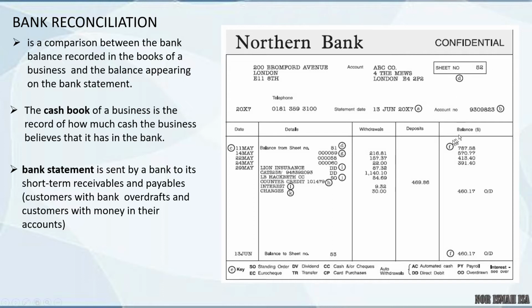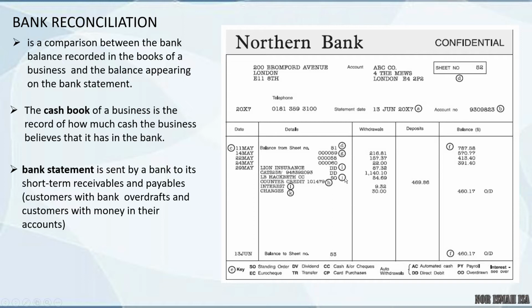F is the balance brought forward from the previous statement, and this is the check number. H here is DD, which is direct debit, and SO is standing order.